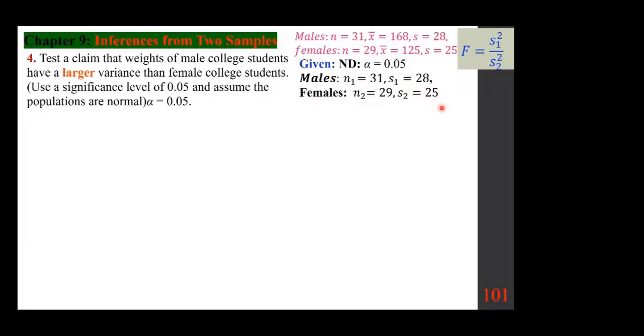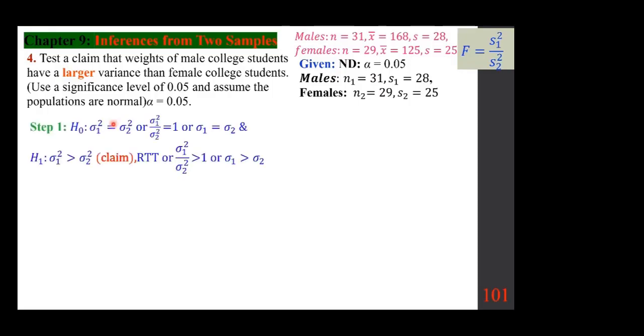Generally speaking, when it is up to you, it is extremely important to understand that when we have a choice, we choose the groups such that the one with the larger variance or sample is the first group. Because of the restriction on the F distribution, which is a right tail test.